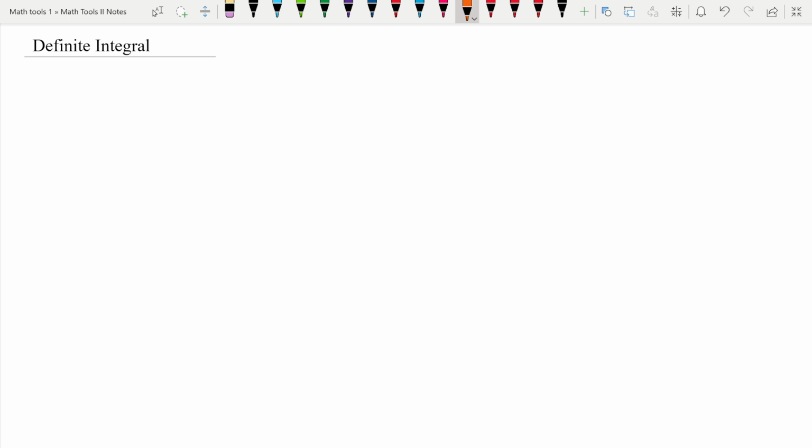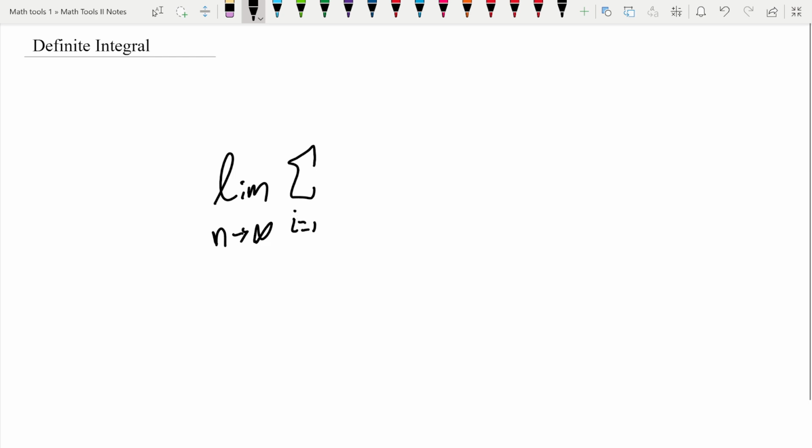So we had this expression right here: the limit as n goes to infinity of the sum from i equals 1 to n of f of xi star times delta x. And we had this as the definition of the area underneath the curve.